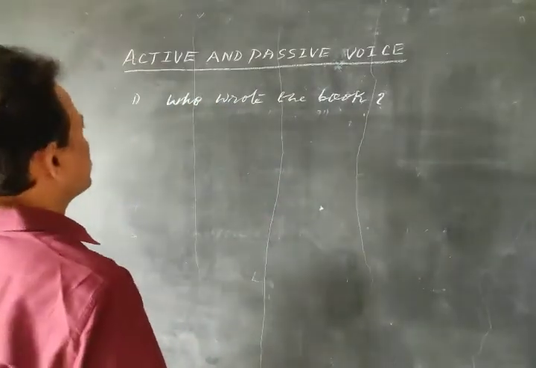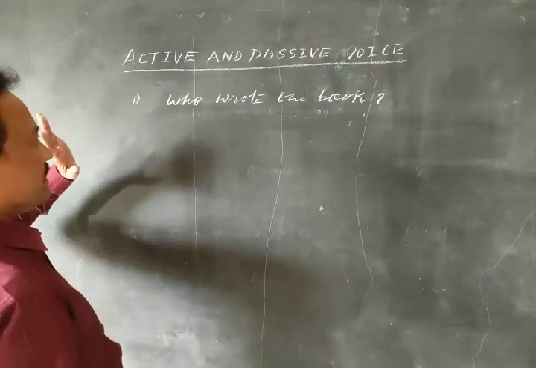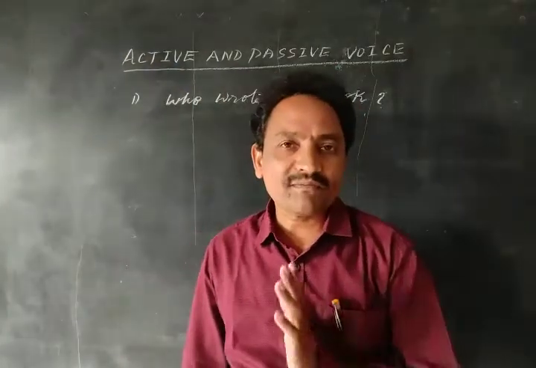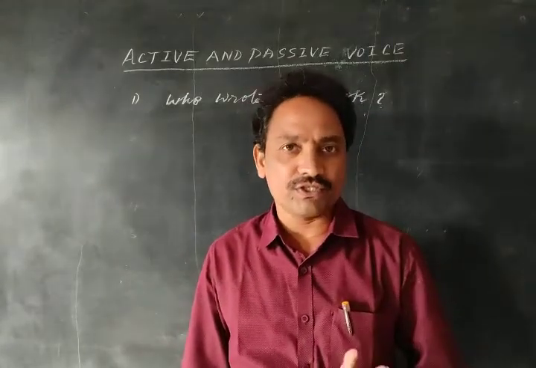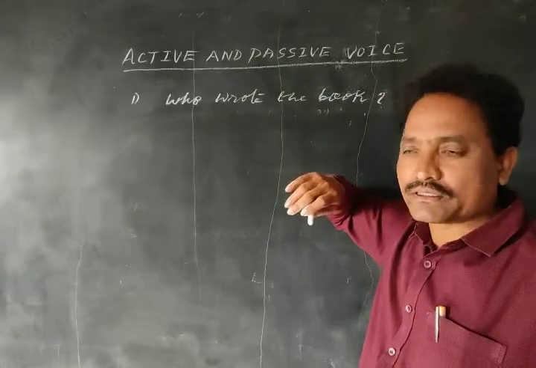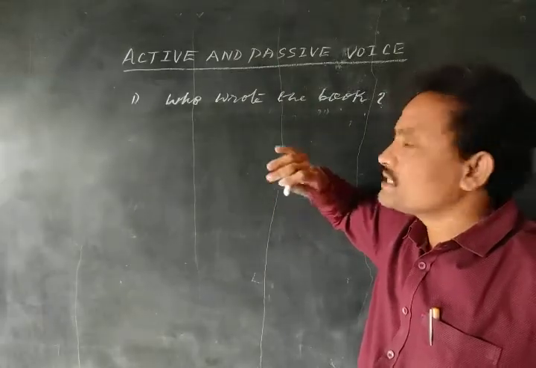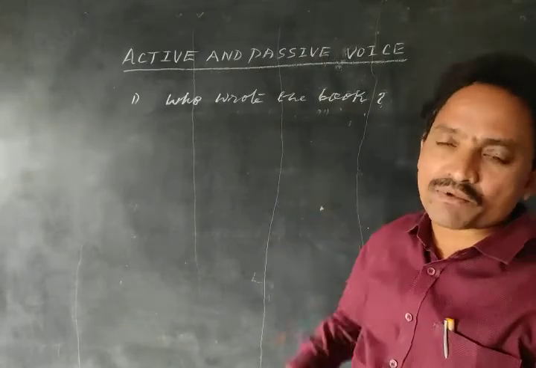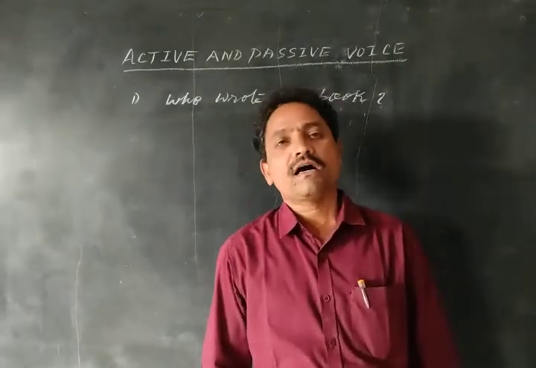This is the question, right? First of all, the first step is what type of sentence we are going to change. As you know, this is a WH question. The next step is, in this question, which tense is used: present tense, past tense, or future tense?